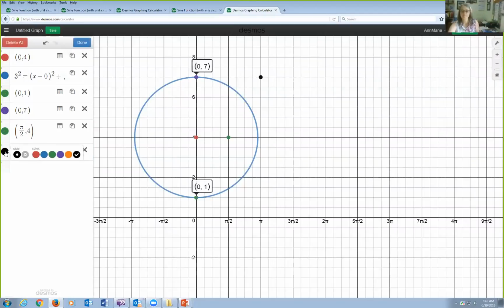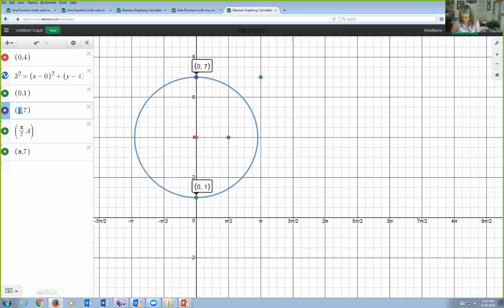Okay. Let's keep going around. Let's move our point clear over to the other side. So I've moved to the back side of my circle. I've gone 3/4 of the way around, so I'm at 3 pi over 2, and my height is again 4.